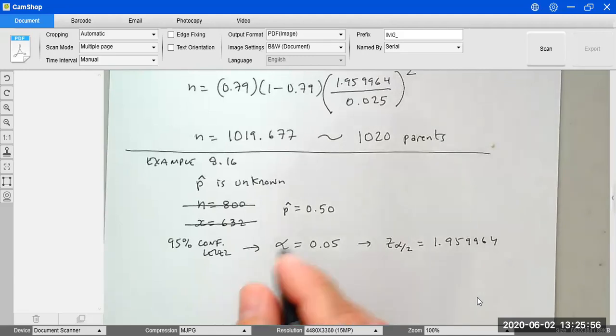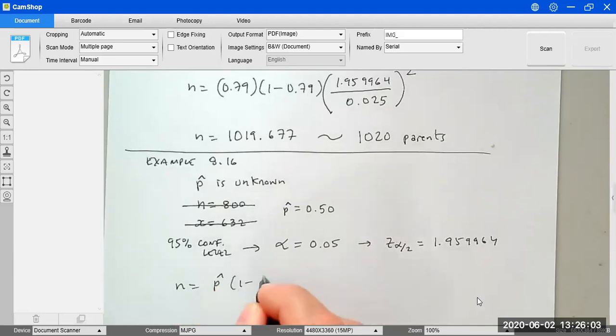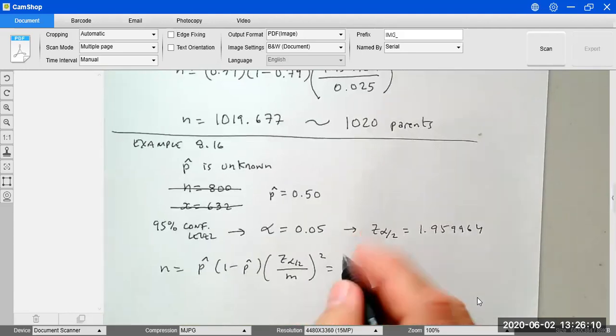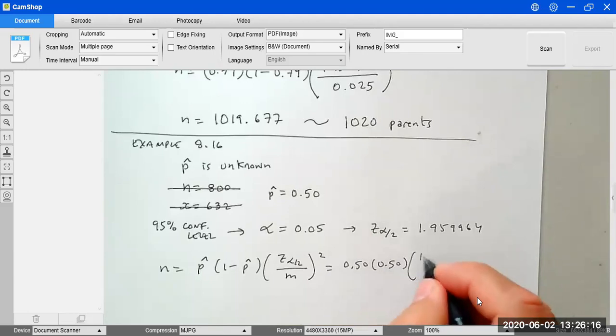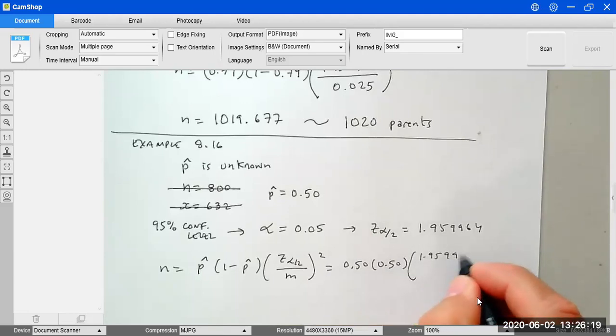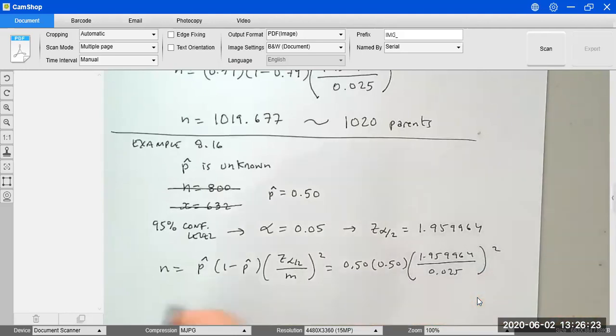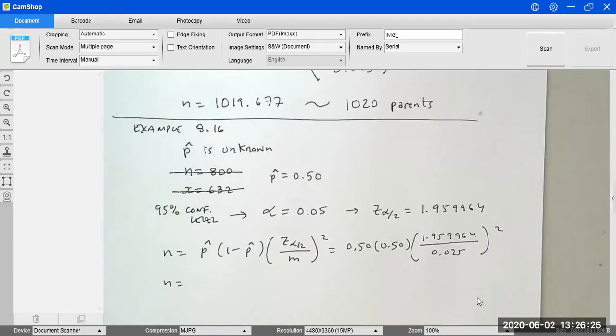So what is the difference now? We're going to use p hat equals 0.50. So our formula is going to be the same formula, but with a different value for p hat. So we're going to have p hat 0.50 times 0.50 times 1.959964 over 0.025, squared.